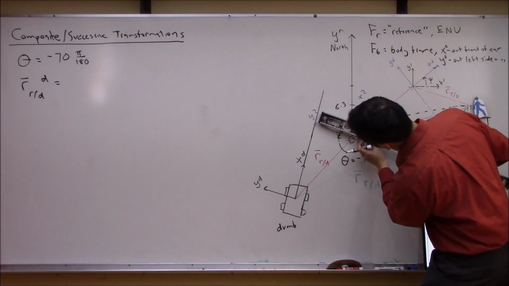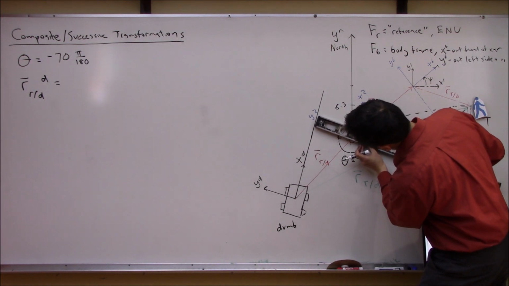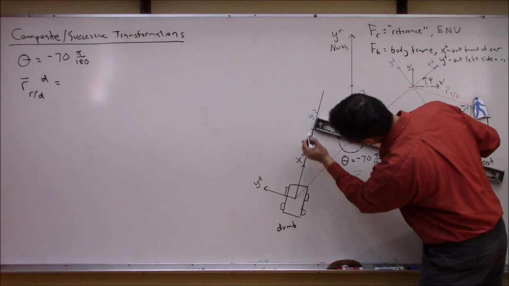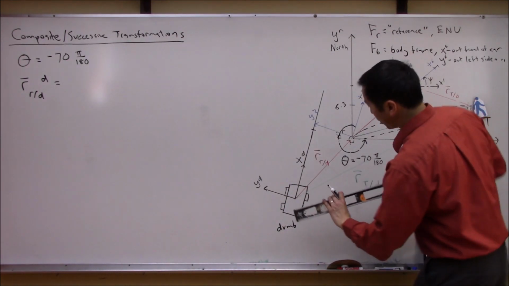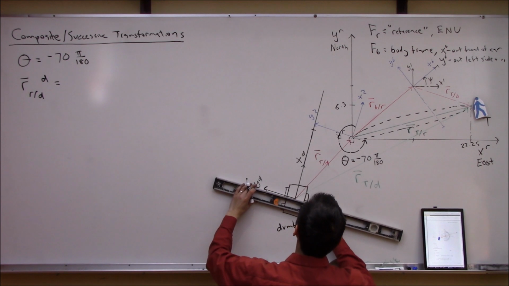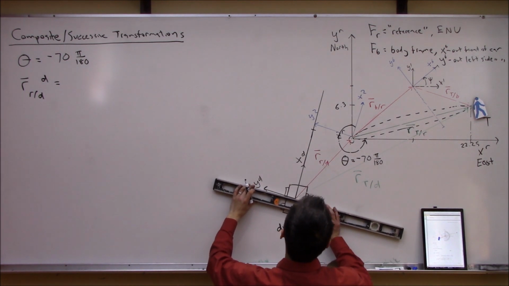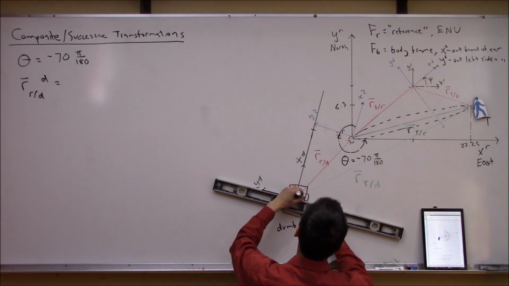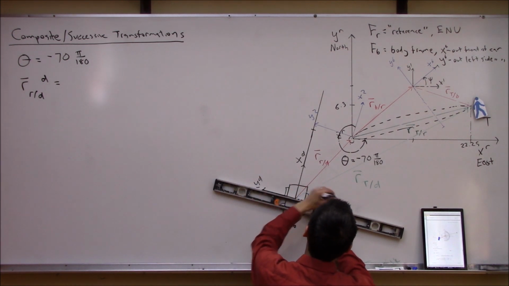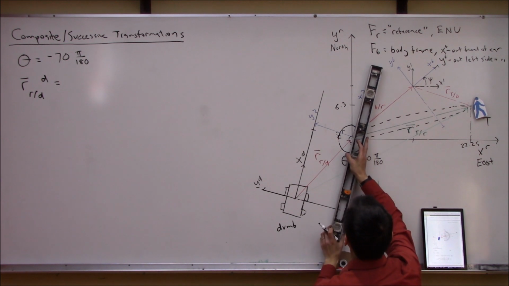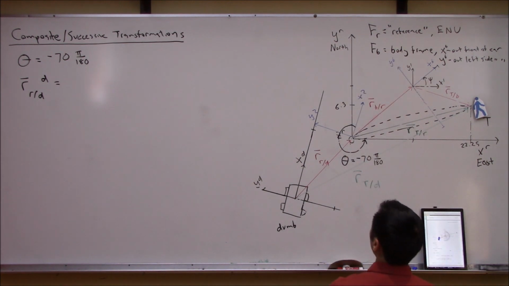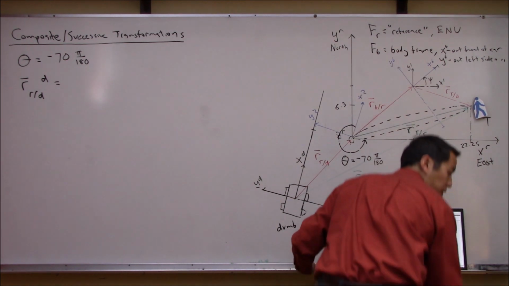Okay, so now I need to project the red vector onto the D frame. So let's do this. Let's get a right angle like this. I think that's about as close to a right angle as I can get. Okay, so it's about there. And then I'm going to project it onto the Y axis. Also, I'm going to try to make this 90 degrees as much as I can. Okay, and then I'm going to project the red vector on. Let's call it about that. Okay, so now let's whip out our tape measure.